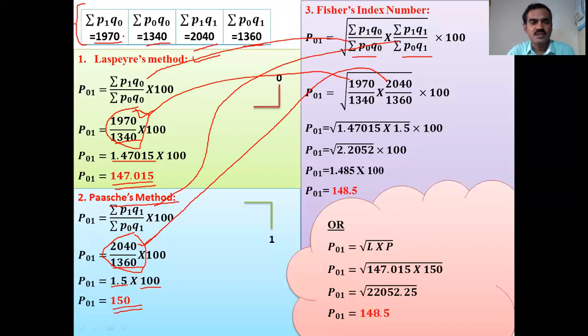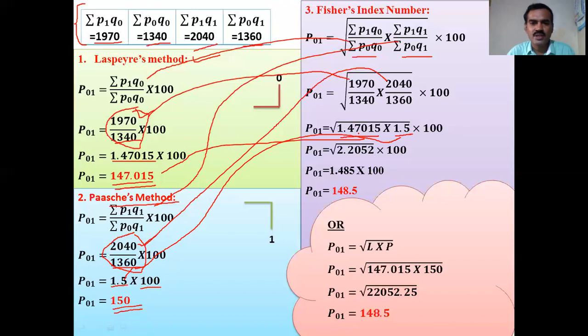Or else you can refer to the table to substitute these values. 1970 divided by 1340, the answer is 1.47015, and 2040 divided by 1360 is 1.5. Remember, this 1.47015 is the value of the Laspeyres method, and this 1.5 is the value of Paasche's method, before multiplying with 100.